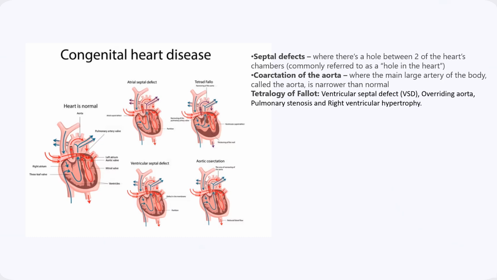Tetra means four, so four conditions are connected. Number one is the ventricular septal defect, so a hole between the two ventricles will be there. The second problem is overriding of the aorta.